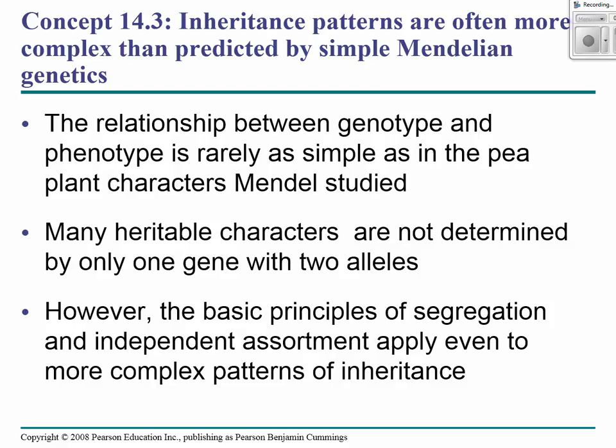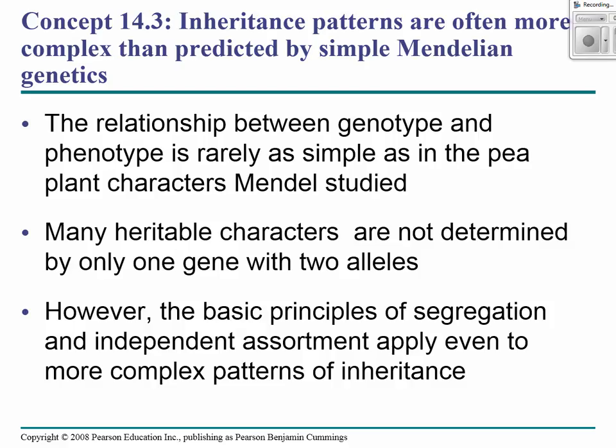Many heritable characters are not determined only by genes with 2 alleles. Remember, Mendel was trying to experiment and learn things, so he instinctively picked things that he noticed were only 2 different options. They were either yellow or they were green, for example. But it's not that simple.